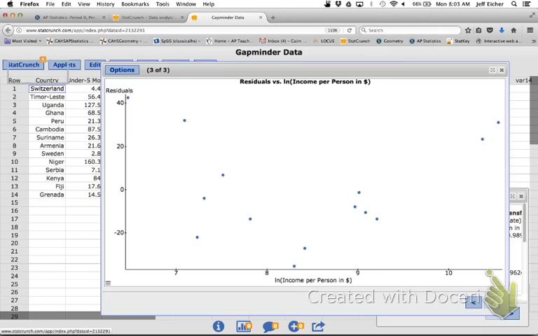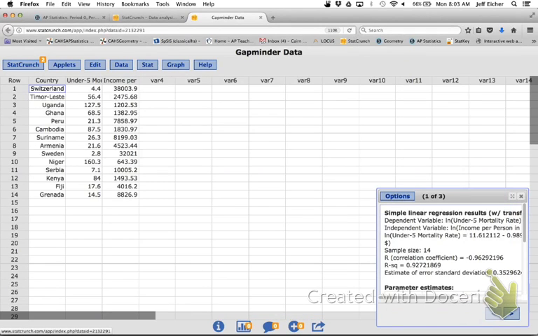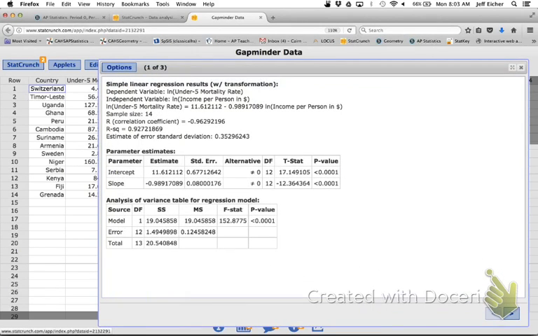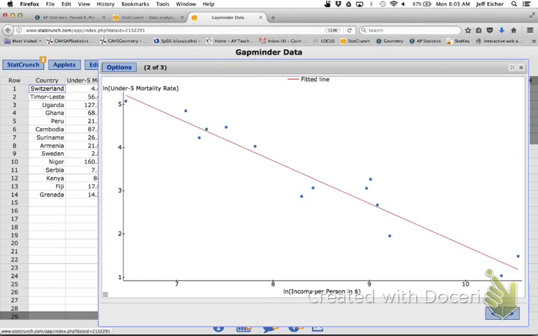The last one that I had you do: notice our R squared is 0.92, correlation is negative 0.96, but you might recall just because you have a strong correlation doesn't mean that it's necessarily linear. You definitely want to look at either the residual plot to determine linearity, or the scatter plot. So that's what we'll do. Checking out the scatter plot, that looks pretty good.